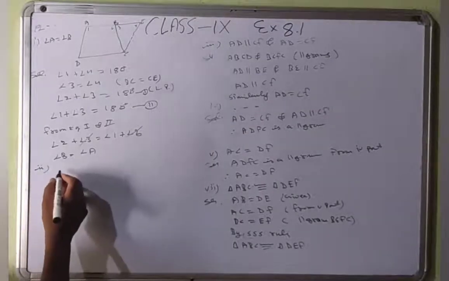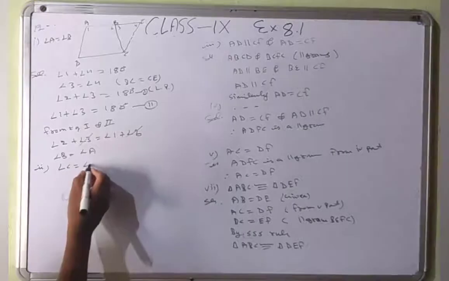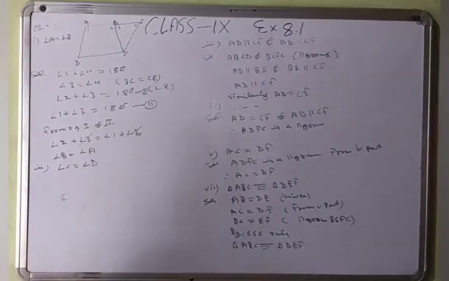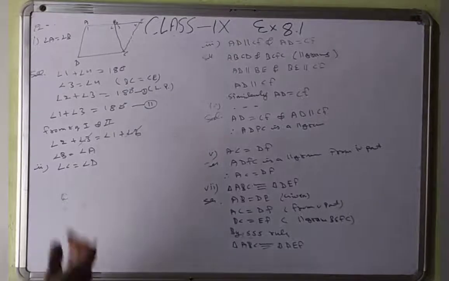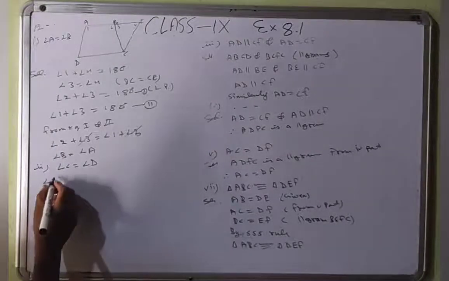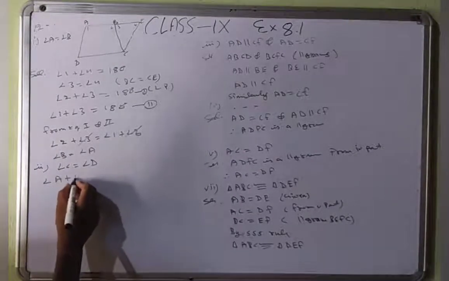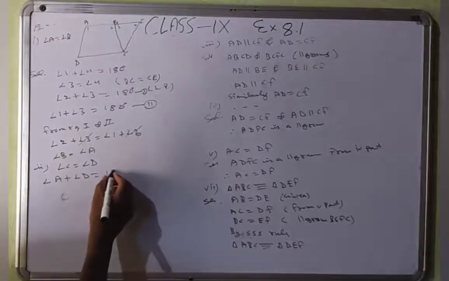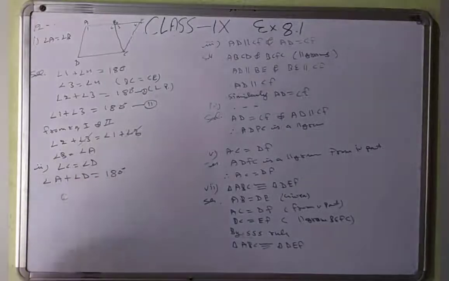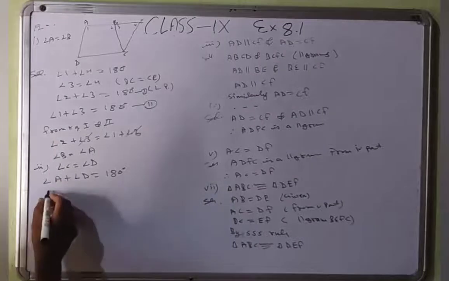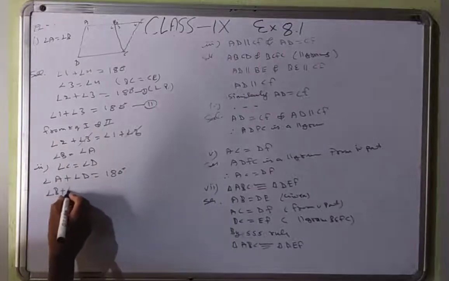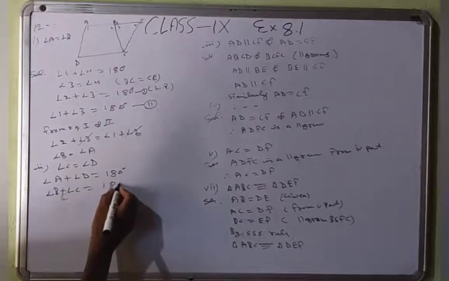And then the second part is angle C is equal to angle D. Angle A plus angle D is equal to 180 degrees. So obviously angle B plus angle C will also be 180 degrees.